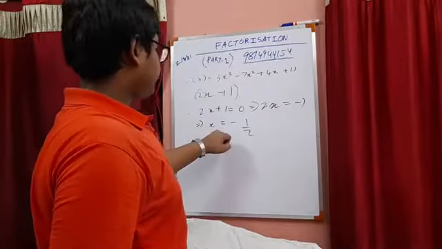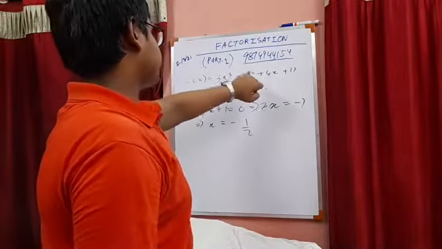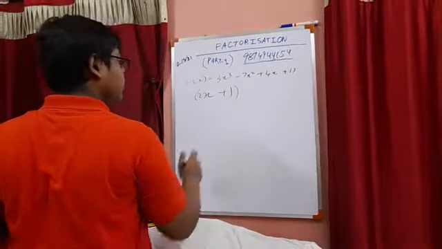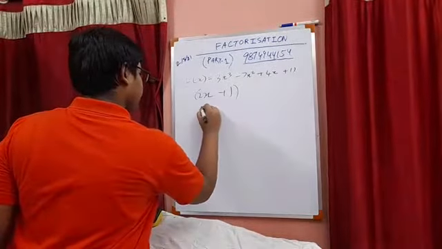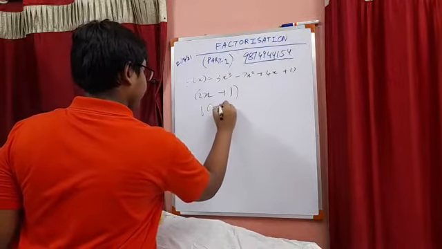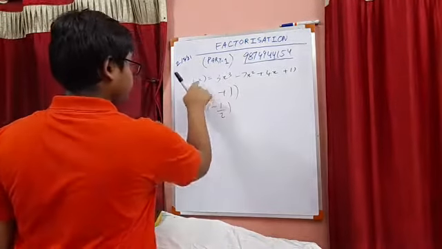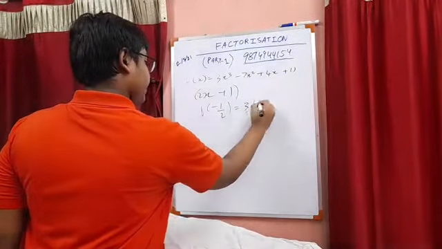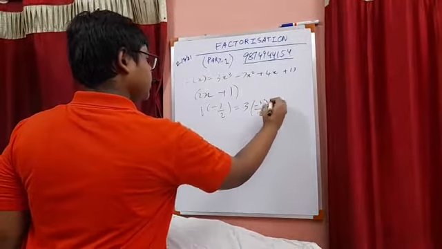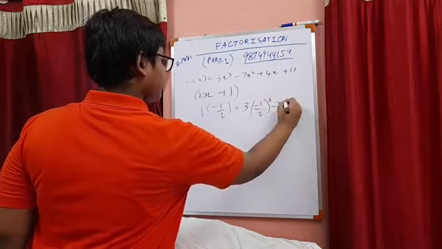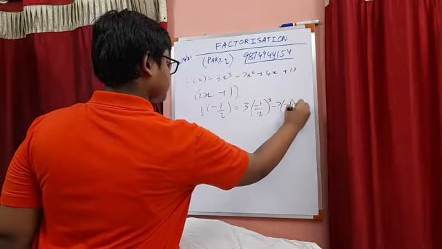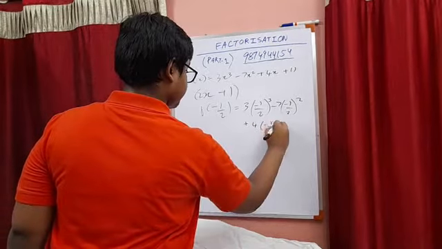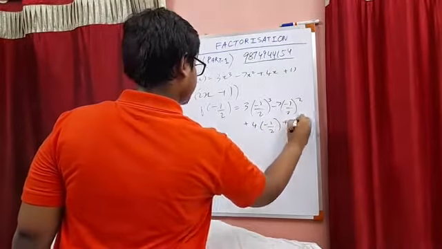Now we have the value of x. We will substitute it over here. So f(x), which will be f(minus 1 by 2), substituting the value, is equal to 3 times minus 1 by 2 cube, minus 7 times minus 1 by 2 square, plus 4 times minus 1 by 2, plus 11.